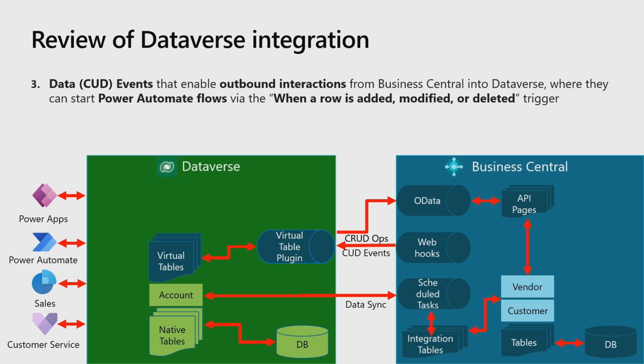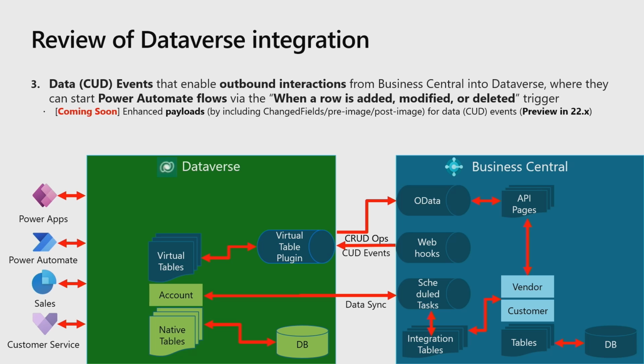The next interaction type is data events or data change events. These data events enable outbound interaction from BC into Dataverse, where they can start Power Automate flows via the when a row is added, modified, or deleted trigger.